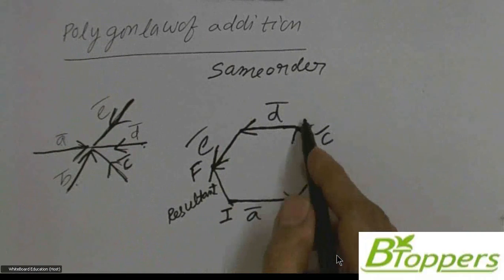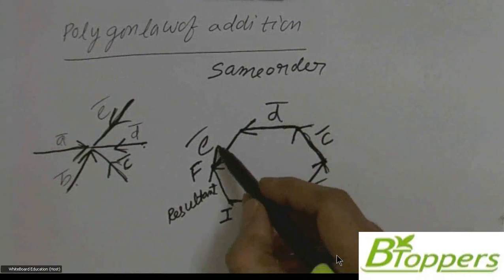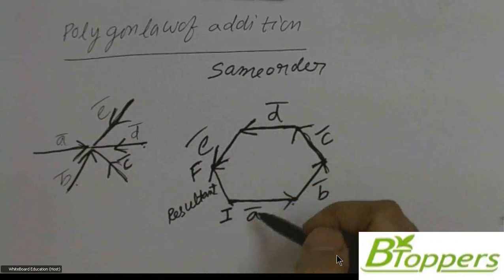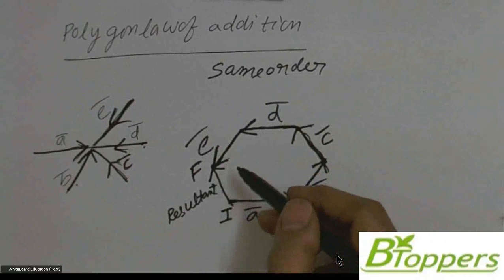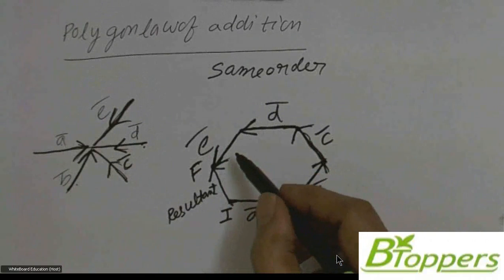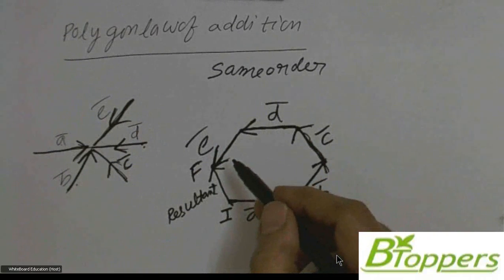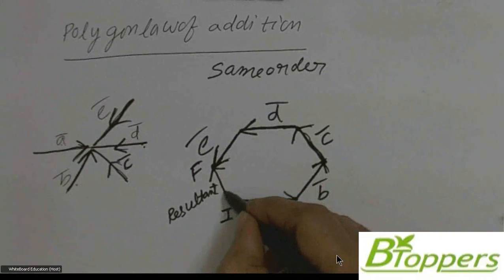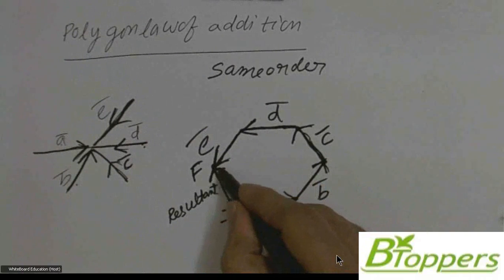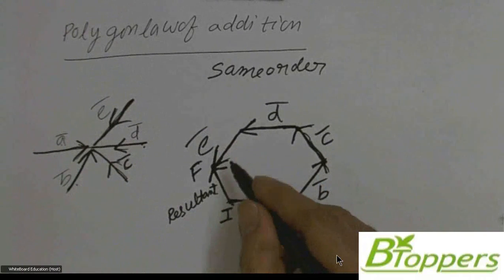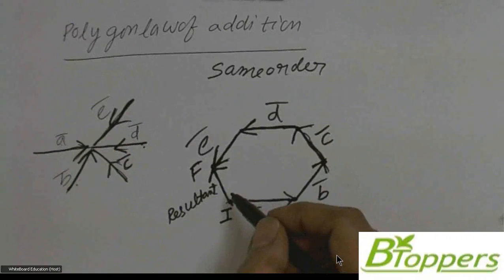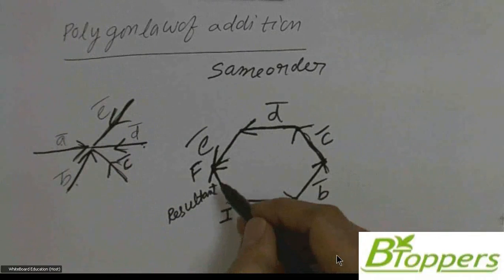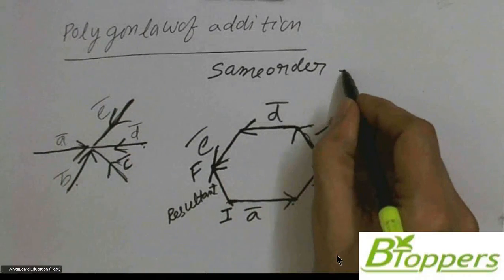That means when the five vectors A bar, B bar, C bar, D bar and E bar can be graphically represented along the sides of an incomplete polygon, all taken in the same order, then the closing side of the polygon taken in the reverse order represents their vector sum or resultant, both in magnitude and direction.